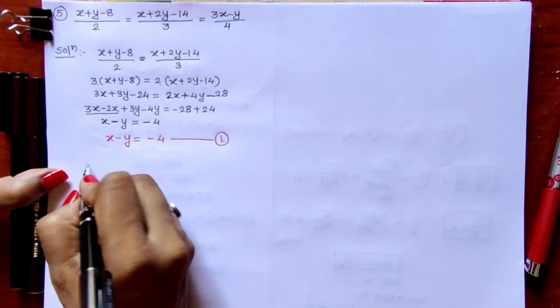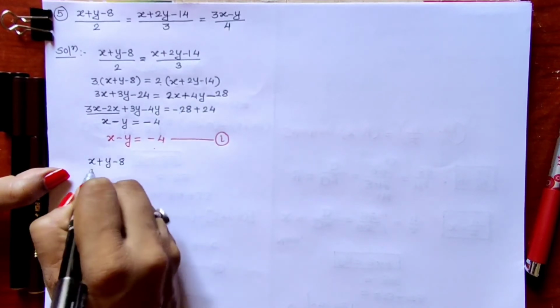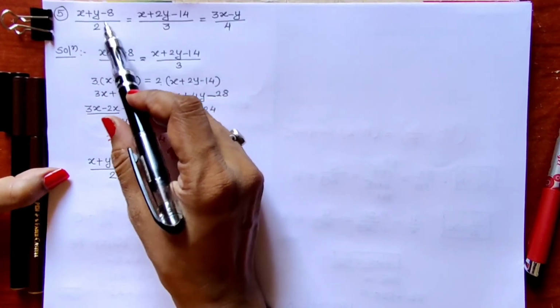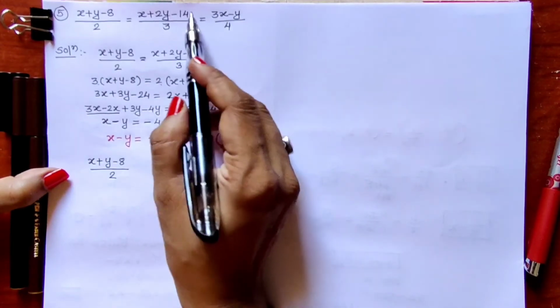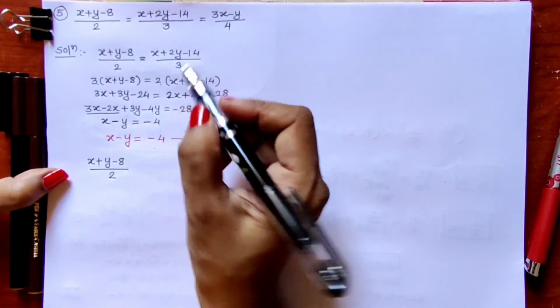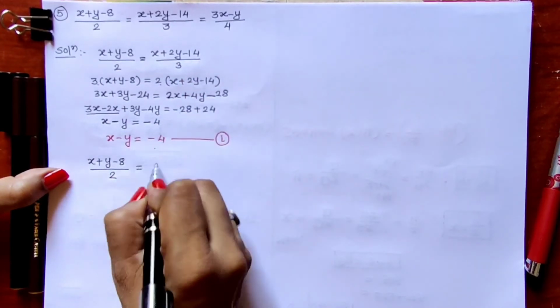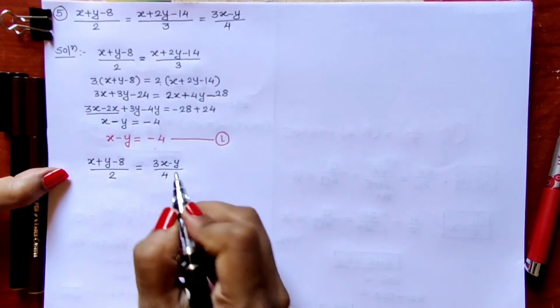So let us consider the first expression, (x + y - 8)/2. Why can we consider first and third? Because they look easy to convert. The second one is bigger, so if you consider first and third, it will be convenient. So it will be equal to (3x - y)/4.